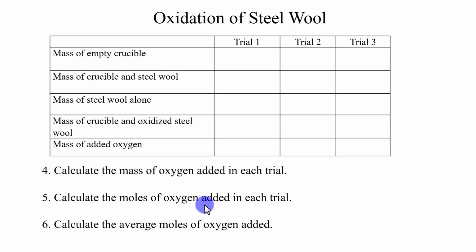And when we find the moles of each, we have to use the correct molar mass. So iron is 55.85, where oxygen is 16. Then, when we calculate the average moles of oxygen, you will take the 3 trials and find an average of those 3 values.